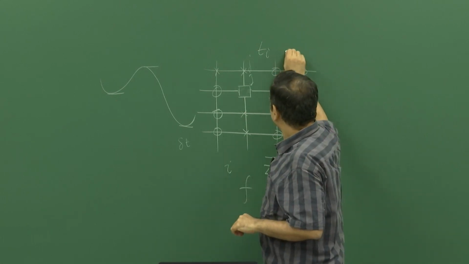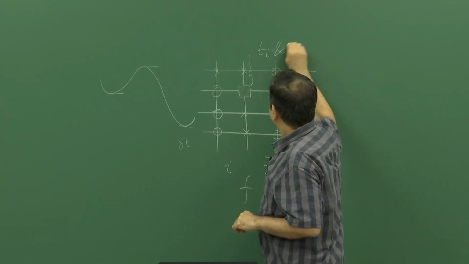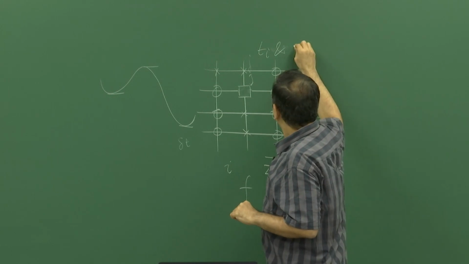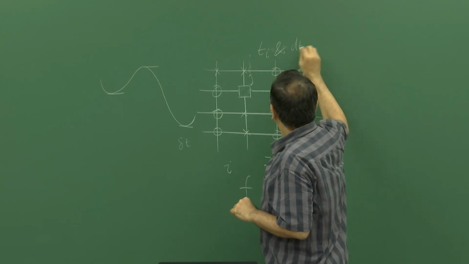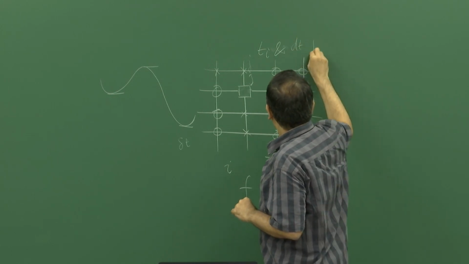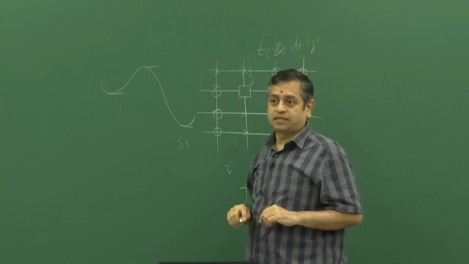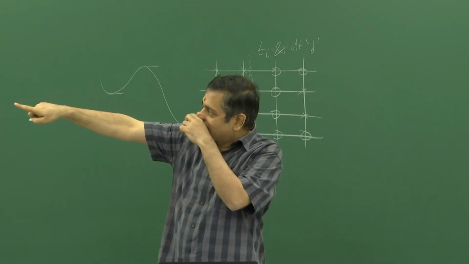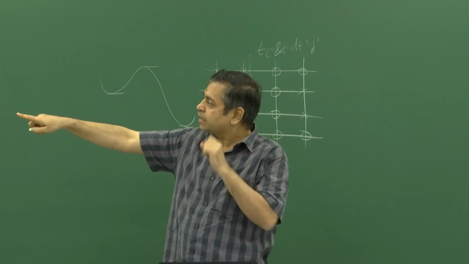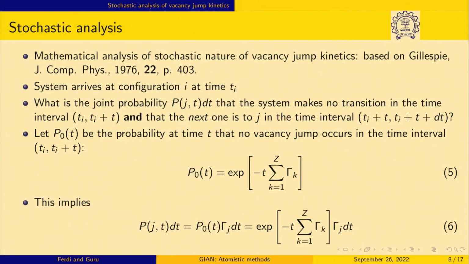Then it has to make a jump to state j in time interval dt. That is the joint, that is why it is Pjt. What is the probability? That joint probability is what we are interested in.